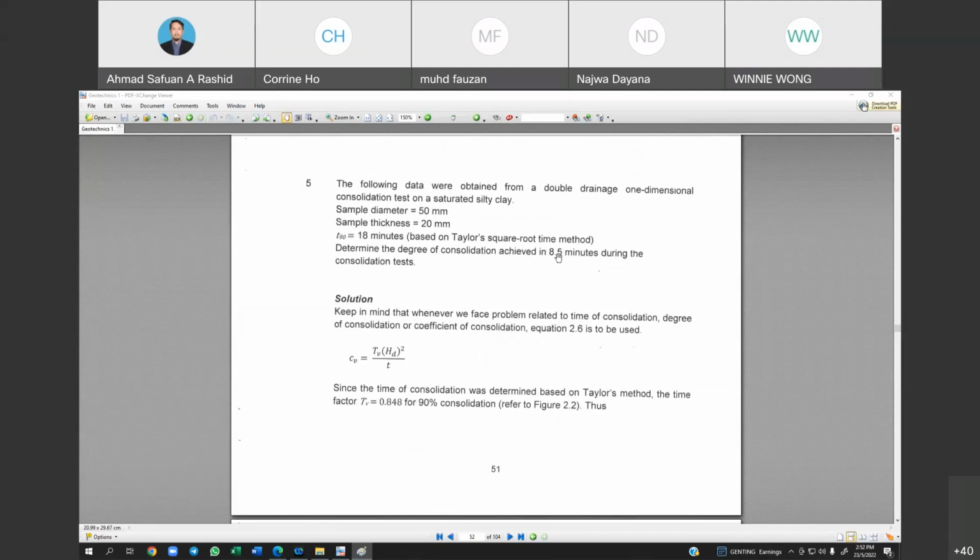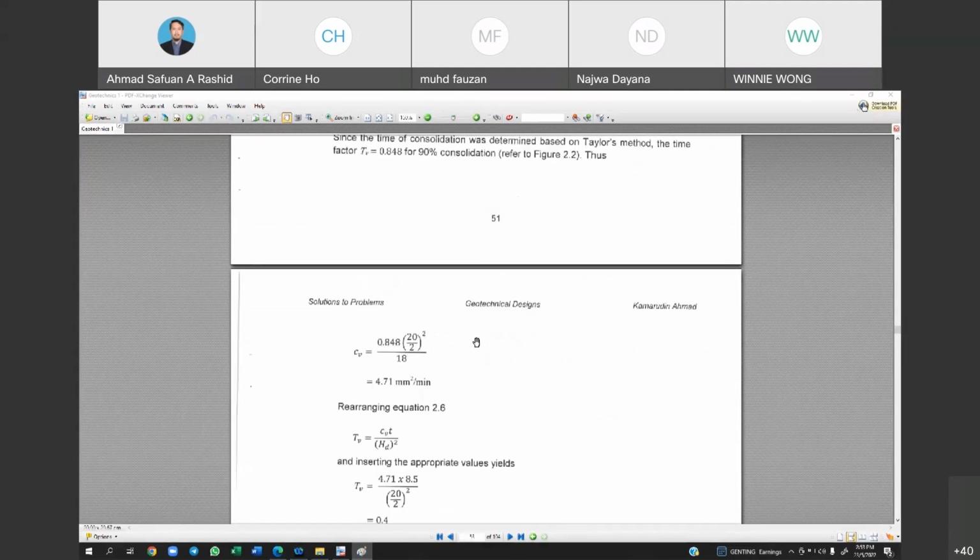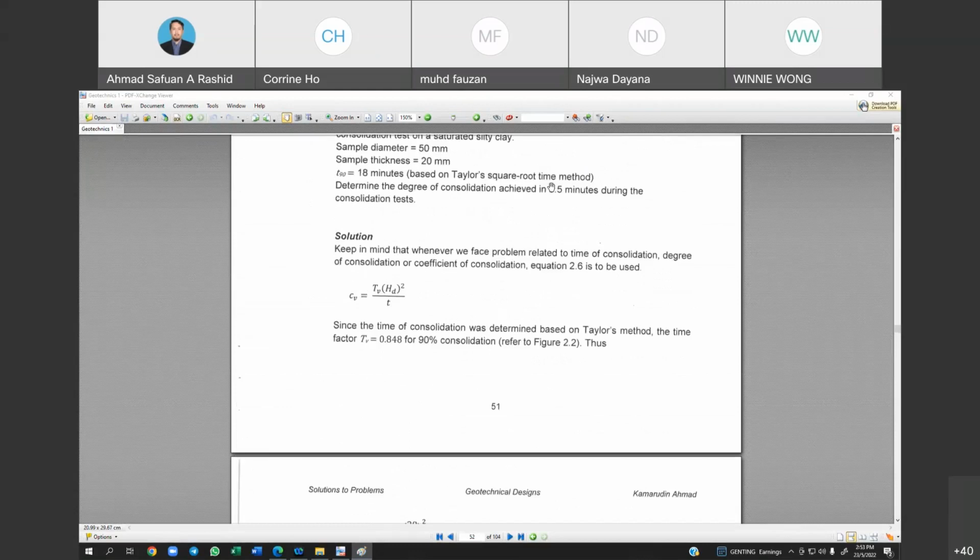This is 8.5 minutes, so it doesn't require us to change the CV to year, because the question is we need to get the degree of consolidation achieved in 8.5 minutes.